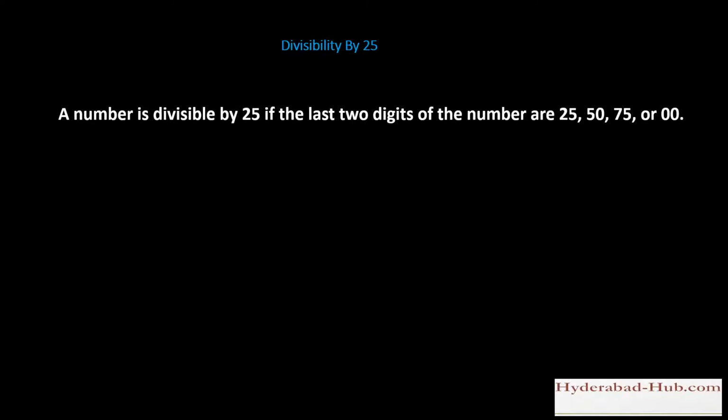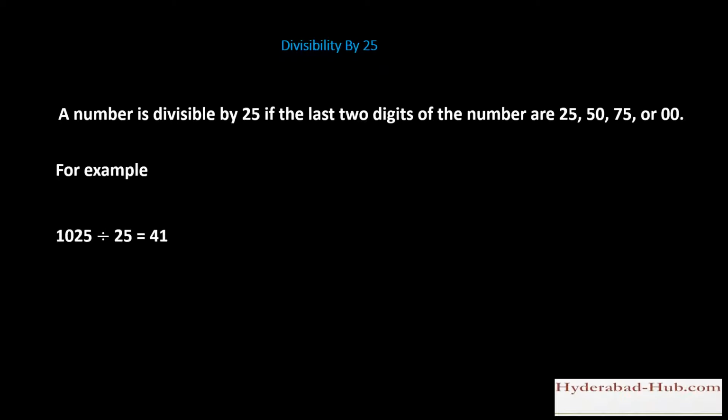Divisibility by 25. A number is divisible by 25 if the last two digits of the number are 25, 50, 75 or two zeros.